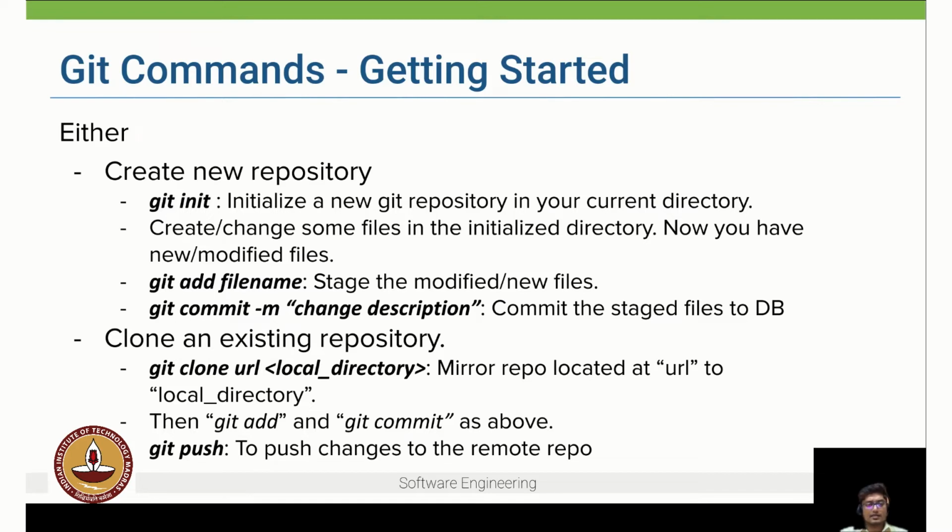After that, the same procedure: you make changes to the files, do a git add to move files to the staged area, and then commit to save the changes to the database. After that, you can do a git push to push the changes to the remote repository, because until now you have been working on your local repository, but when you are done, you can push those changes to the remote repository using git push.